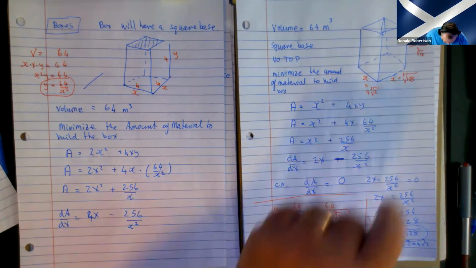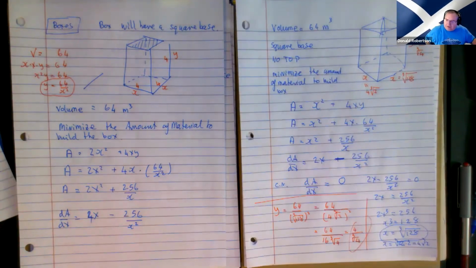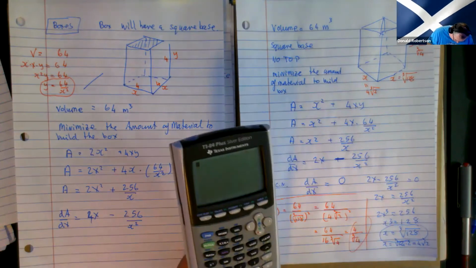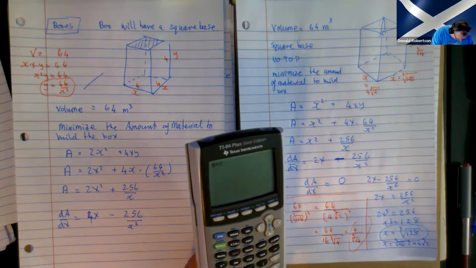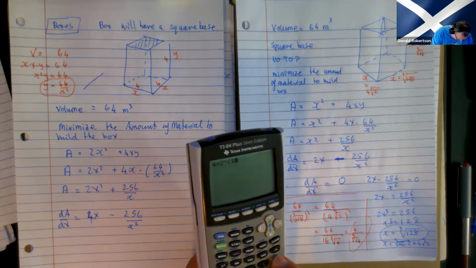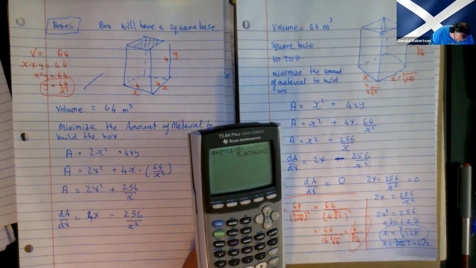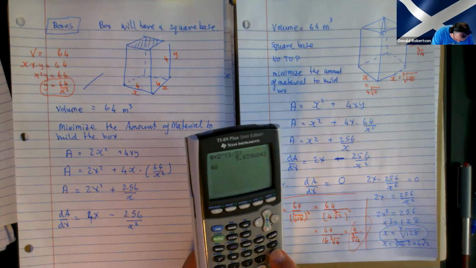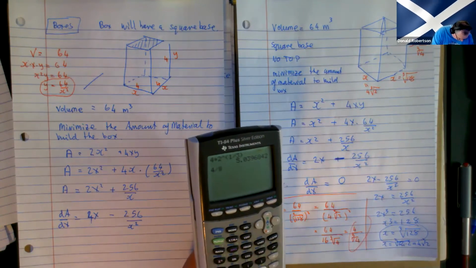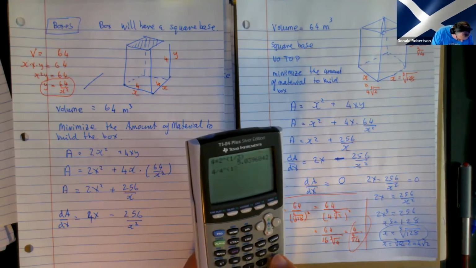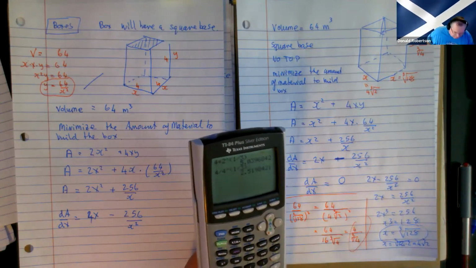I don't know if that's taller than that. I guess I could find out by finding out what numbers these are. So if you do 4 times the cube root of 2, it's about 5 and a bit. And if you do 4 divided by the cube root of 4, it's 2.5.